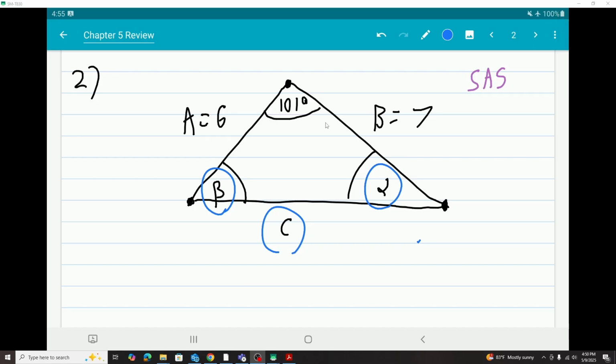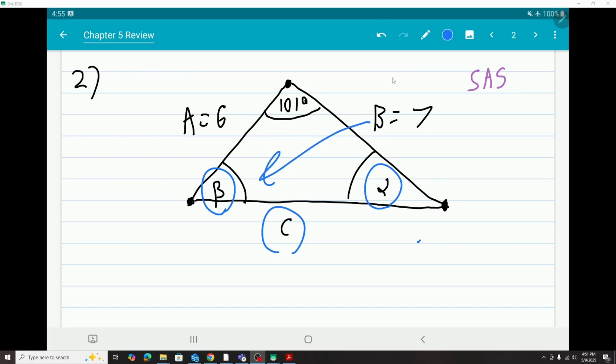So one option is, you might see I've already written it, that we could just memorize the situation that it's sine angle side. If that works for you, then all the power to you. Or I like to think about it more binarily, insofar as I don't have any pairs here. C, I don't know, but I know the angle across from it. I know A, but I don't know the angle across from it.